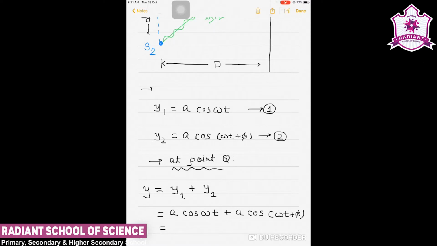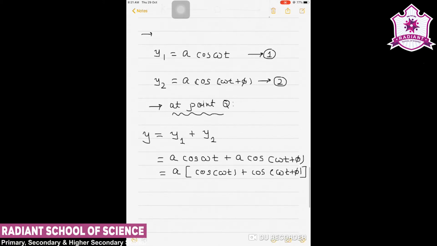Now here we have a times the expression cos plus cos, which we can represent by the equation for cos C plus cos D.